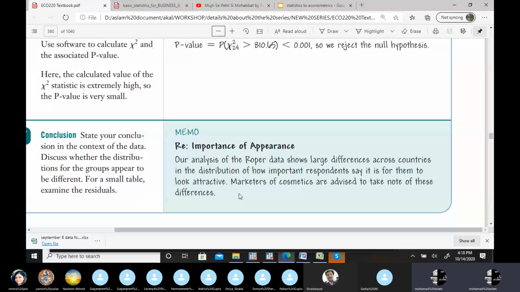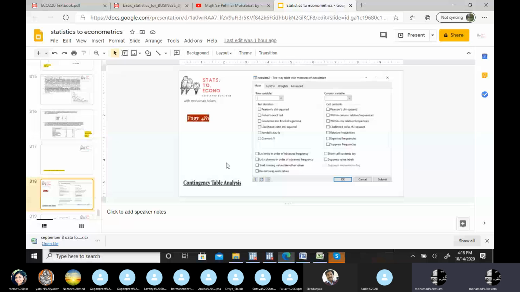So let's do it with Stata software. Now we can do this with Stata software. Okay, so contingency case. You can use any data set. I need just two categorical variables.